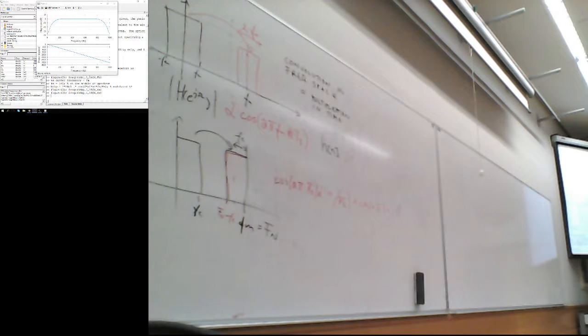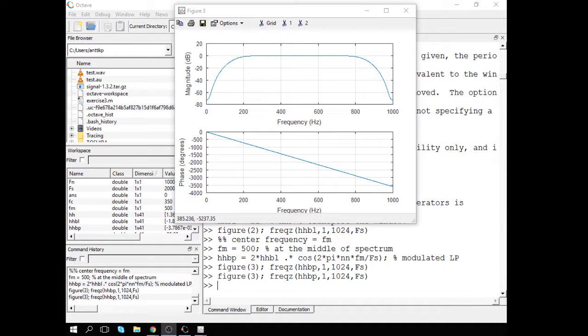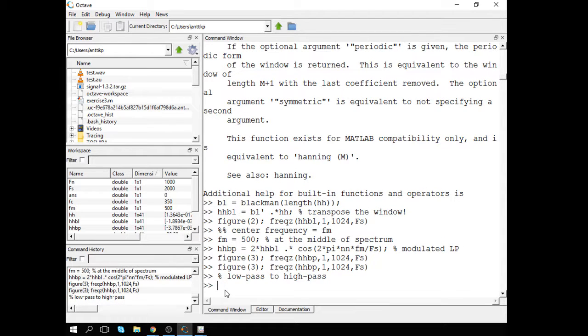Good. So again, let's take a closer look at what it looks like. The low pass to high pass transformation: Hhp equals, we start from the Hbl low pass filter and modify it with minus 1 to the power of our index.